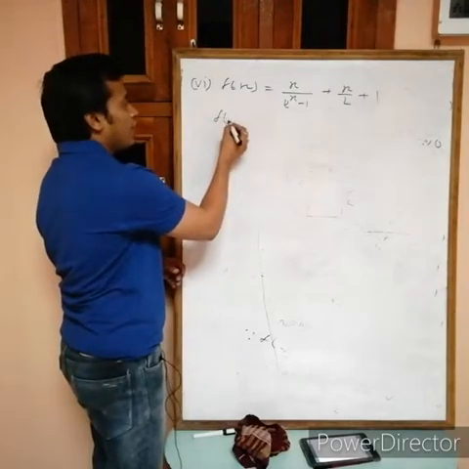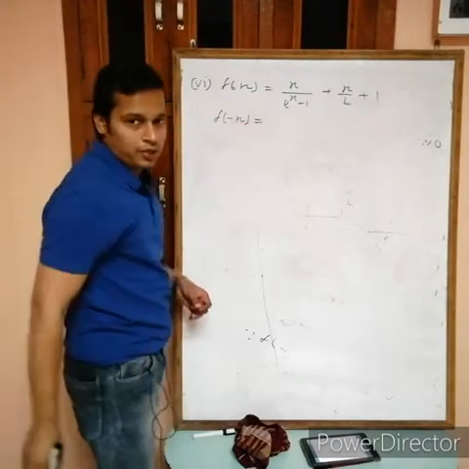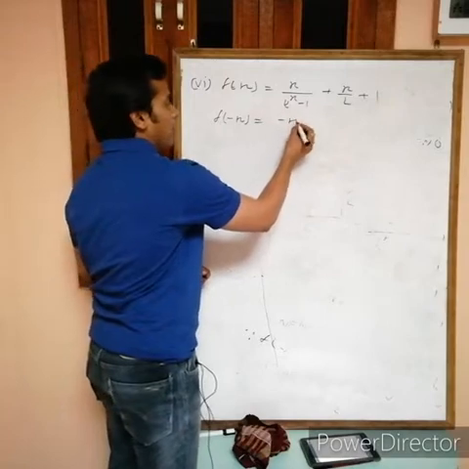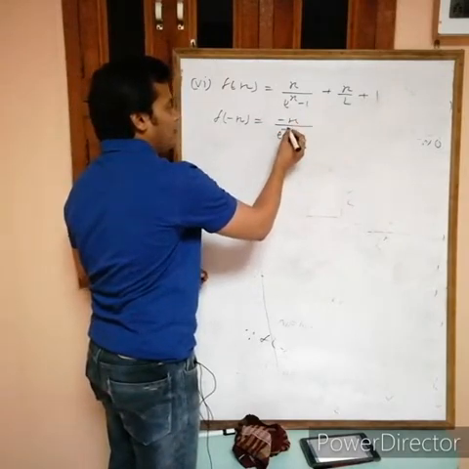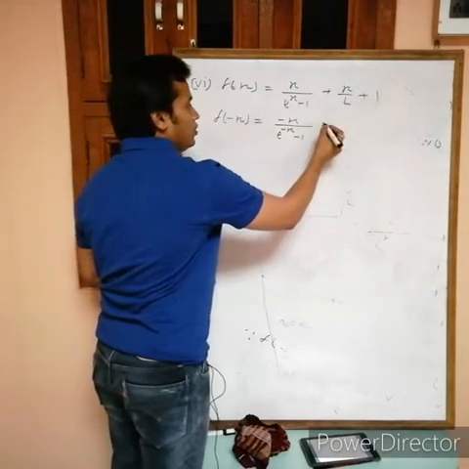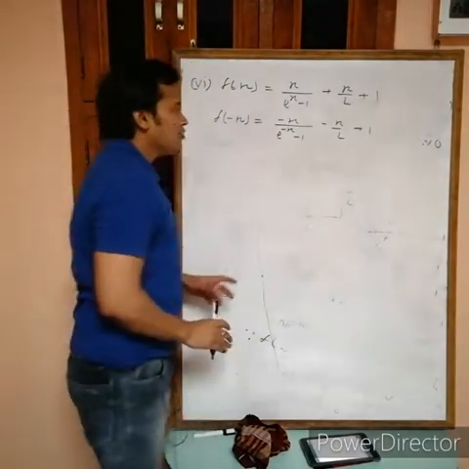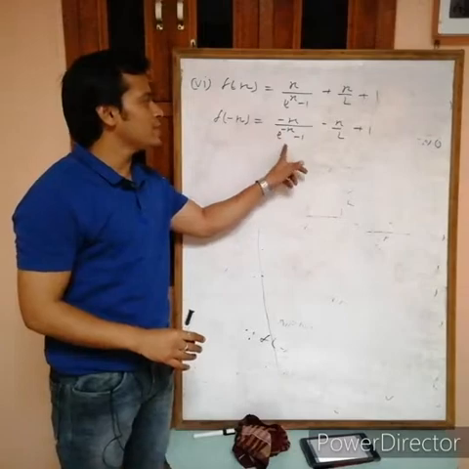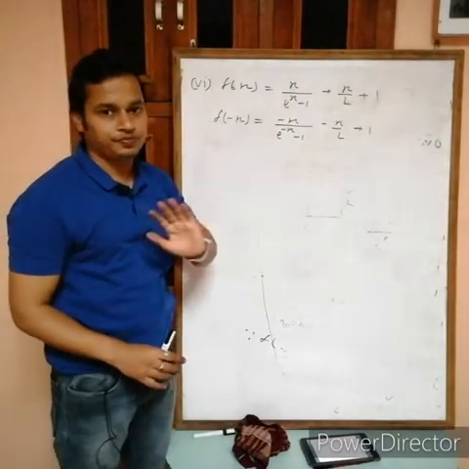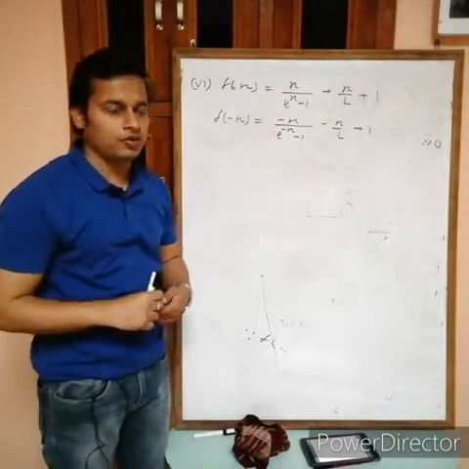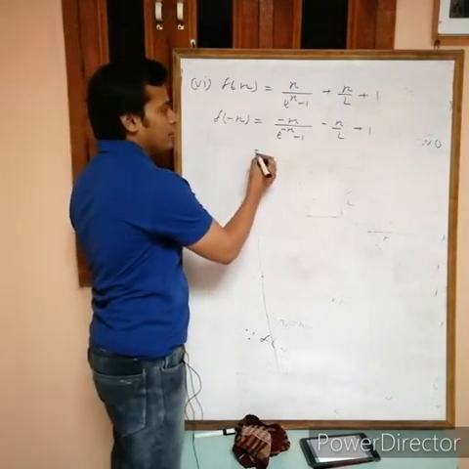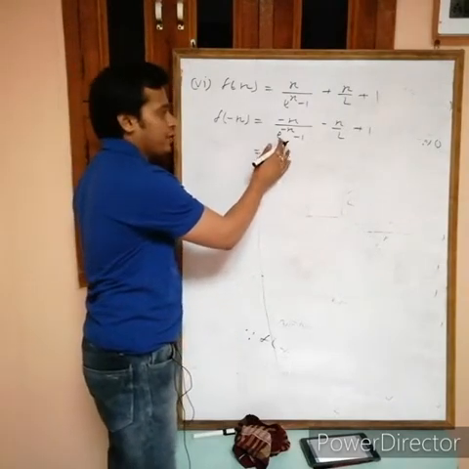Now see, f of minus x, replace x with minus x: minus x by (e power minus x minus 1) and minus x by 2 plus 1. Now check one thing, can you easily write this one in terms of this one? We can't write it, but we want to check. First I am converting this one in terms of e power x.